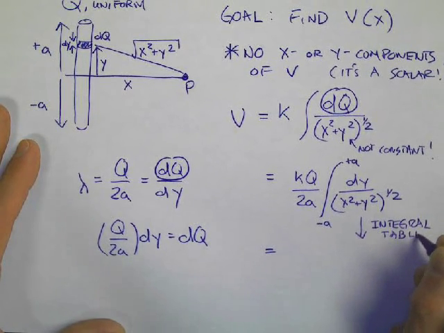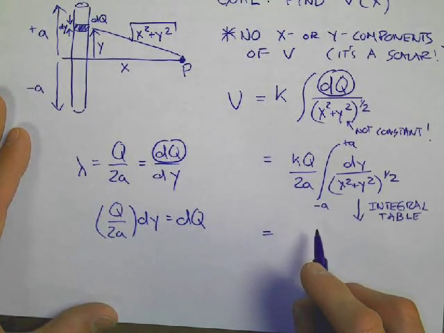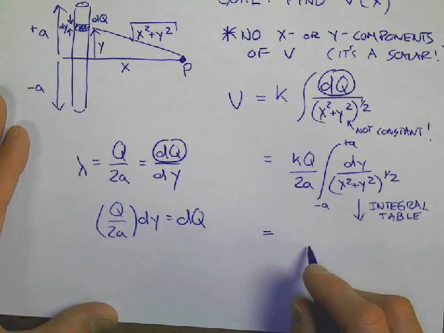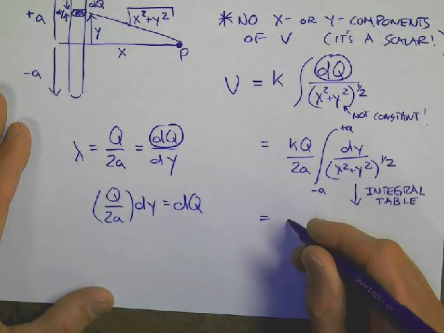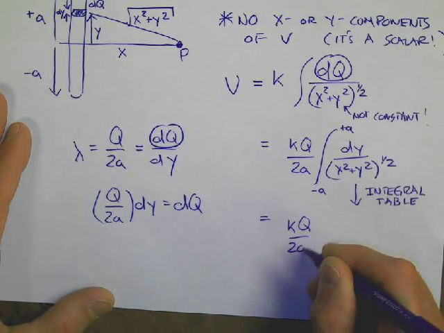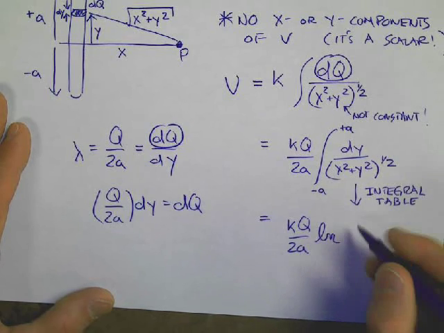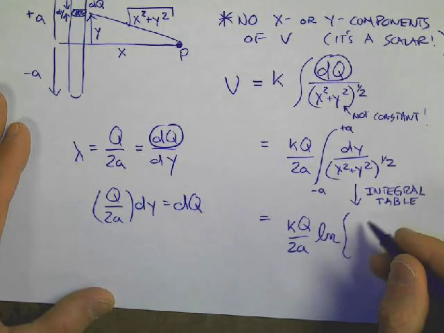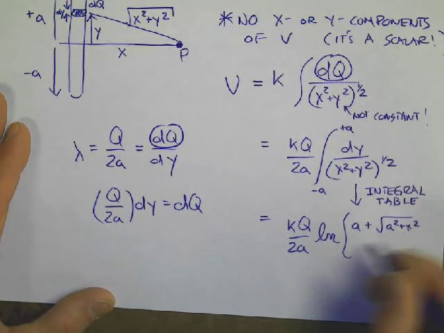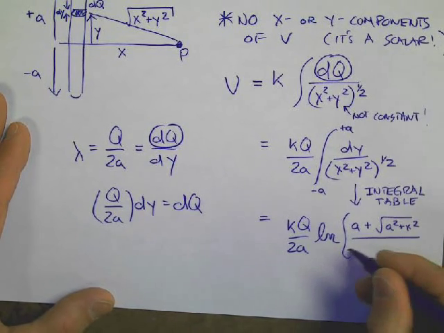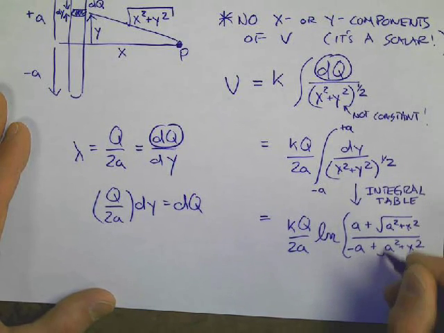I'm not going to pull that up right now. I'm just going to go right to the result, which is kind of complicated mathematically. I just wanted you to see the process for how to do this. So the final answer for this one comes out to be kq over 2a, times the natural log of a plus the square root of a squared plus x squared, over negative a plus the square root of a squared plus x squared.